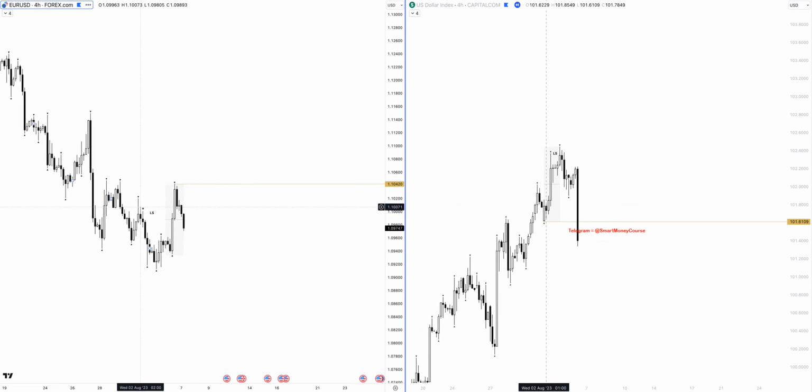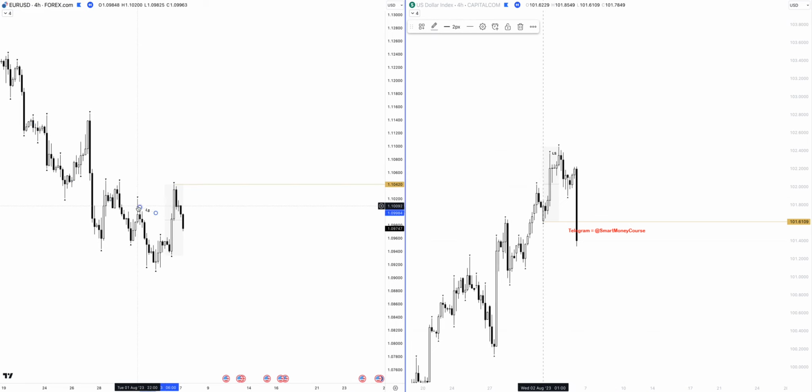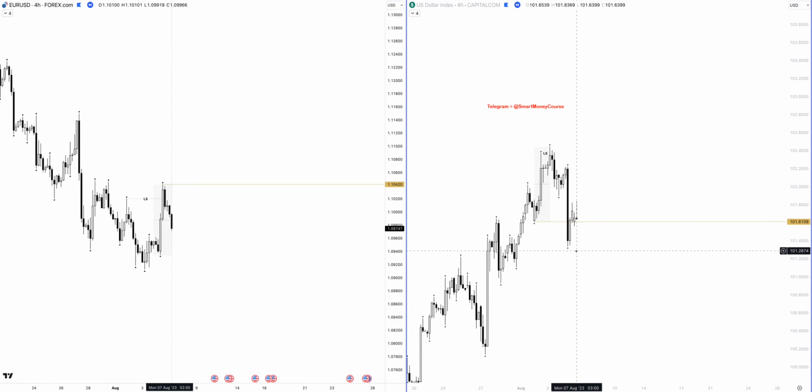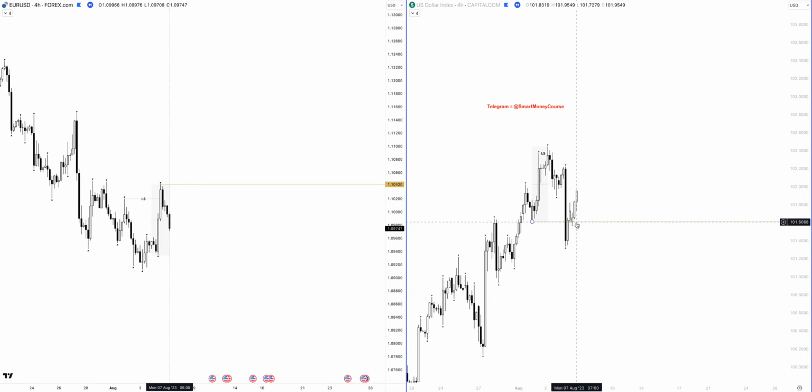Okay, so we got a sweep. Make sure on the same time, 7th. Okay, so we'd have the same bias here. Check the lows, one candle, retrace.